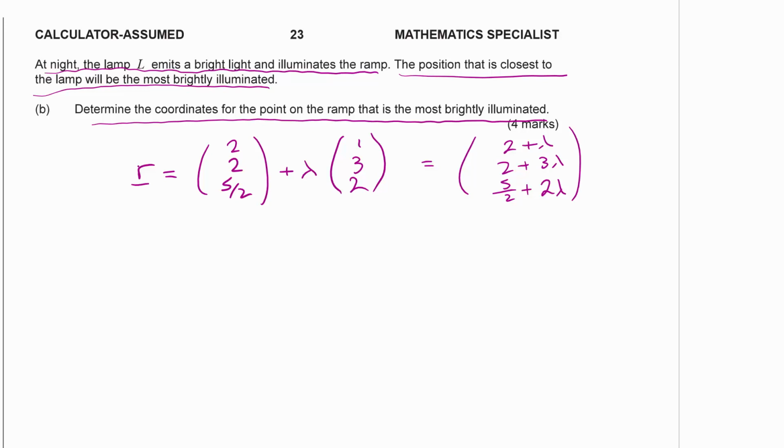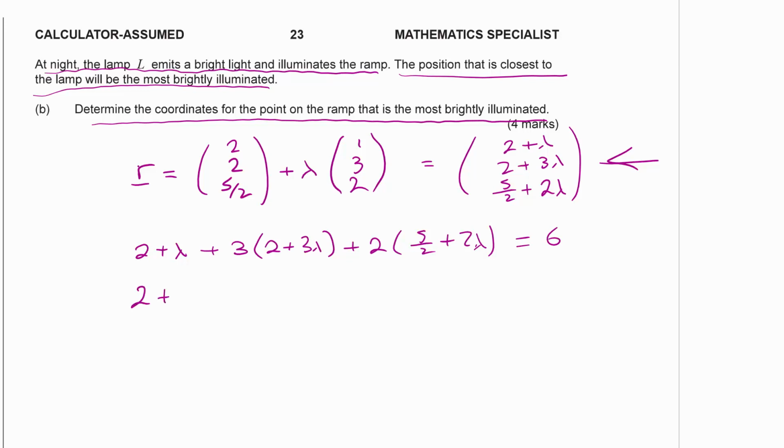Now we want the point of intersection with the plane, so we're just going to substitute those into the plane. It was x, which is 2 plus lambda, plus 3y, so 2 plus 3 lambda, plus twice 5/2 plus 2 lambda, which is our z, and that must all be equal to 6.